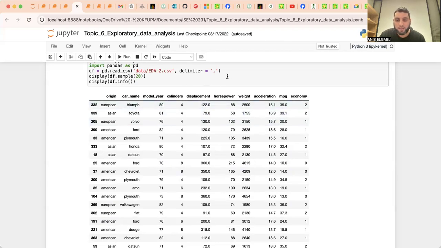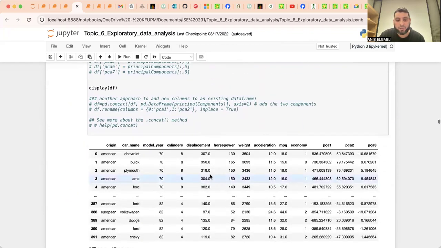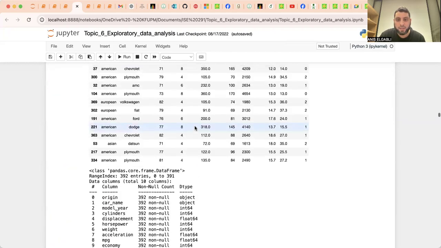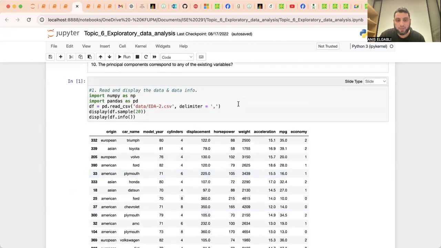But what I believe is that it's not to the level where only one feature matters. In fact, if we normalize, we will see something different, and we did. So the bottom line is there is room for dimensionality reduction, but not to the point where we are left with only one feature that covers 99.75% of the variance. I don't think this is the case, and we saw that when we normalized it.